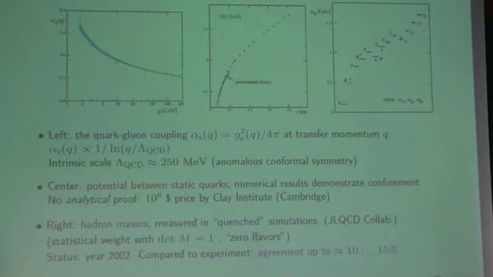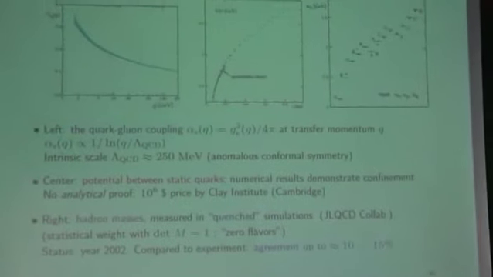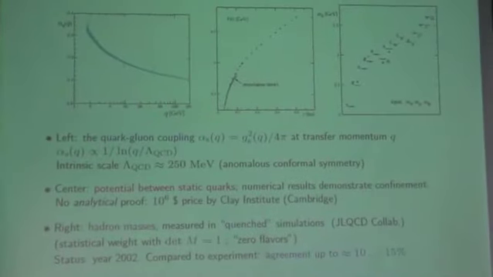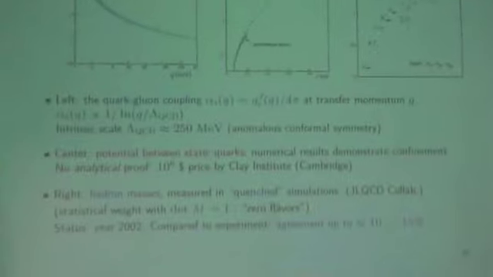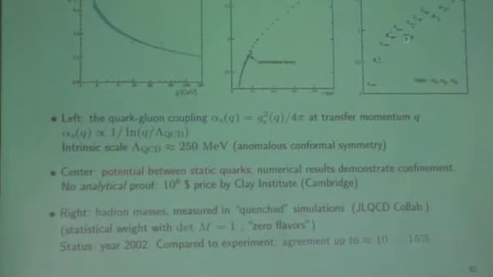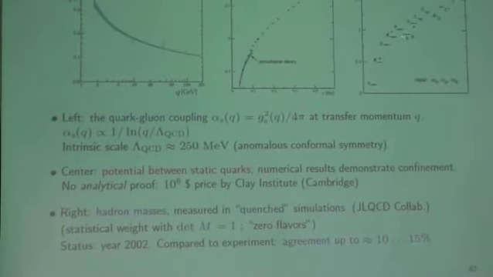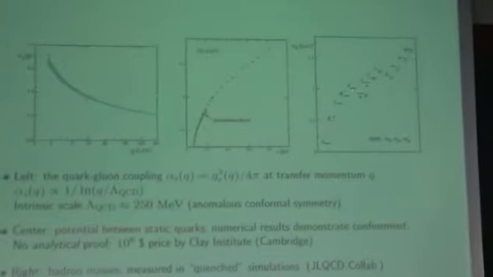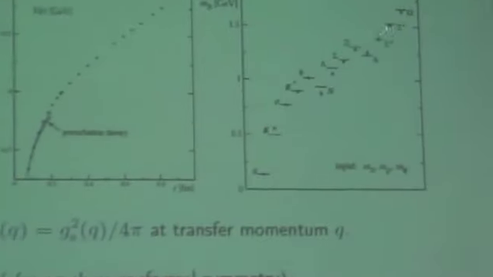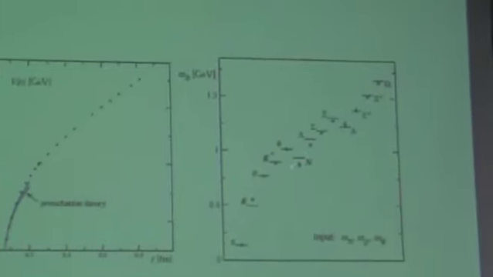So this is a plot from 2002 by a Japanese collaboration. They have 3 input quantities to fix the scale, the U and the S quark masses, and then all the rest are measurements. The violet symbols here are the numerical measurements. The black symbols are the phenomenological experimental data. You see that it matches more or less.